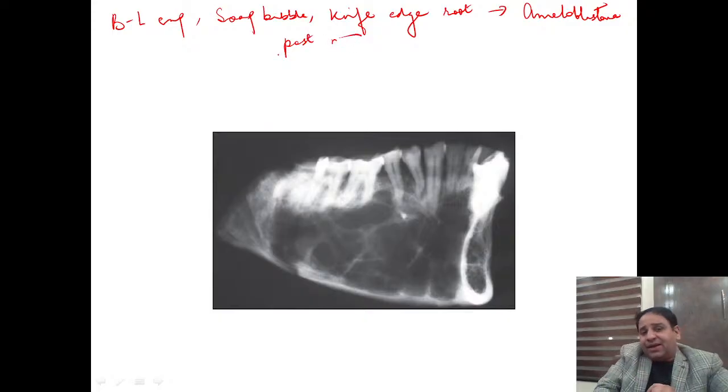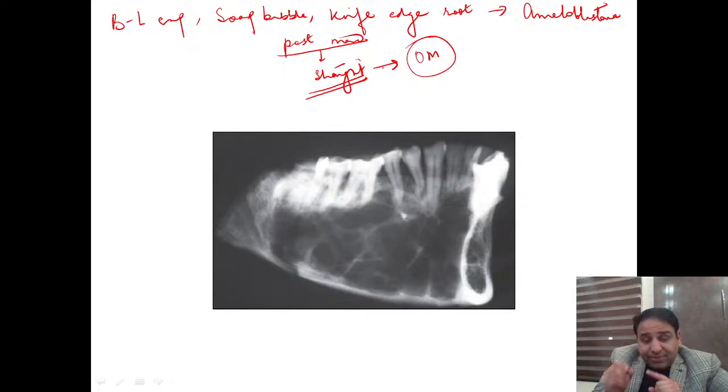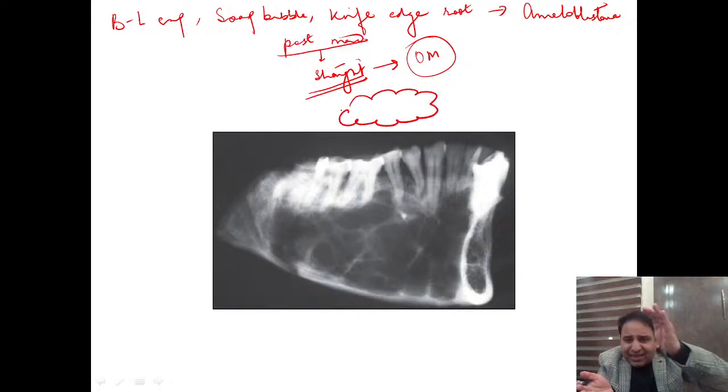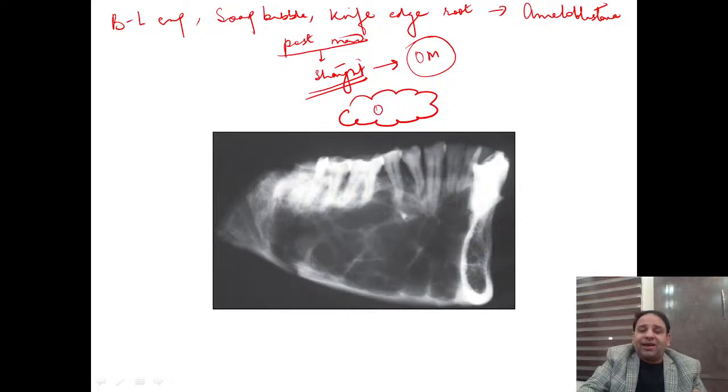Similarly, in the posterior mandible, if they show you straight septae, they are expecting odontogenic myxoma. Similarly, if in the posterior region they show you a scalloped border, very little buccolingual expansion, more anteroposterior expansion and multiple lesions, understand they are expecting OKC.